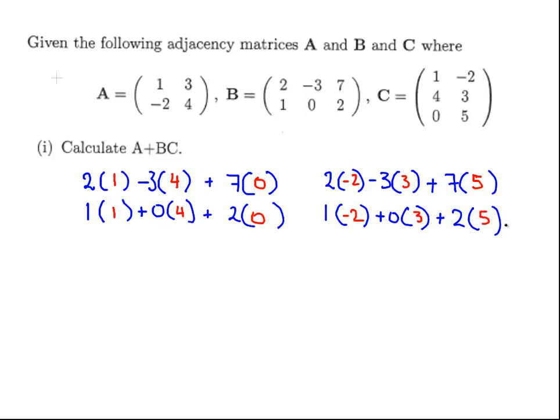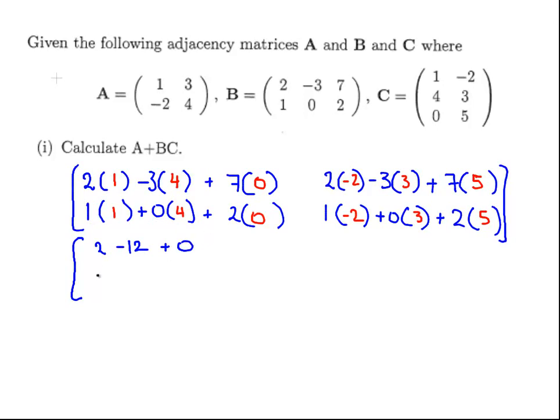Okay. So essentially this allows me to calculate the values. I'm going to multiply all these out. This is actually the basic calculations of B times C. So now I'm going to calculate everything. 2 times 1, minus 3 times 4, so that's minus 12, plus 7 times 0, that's 0.